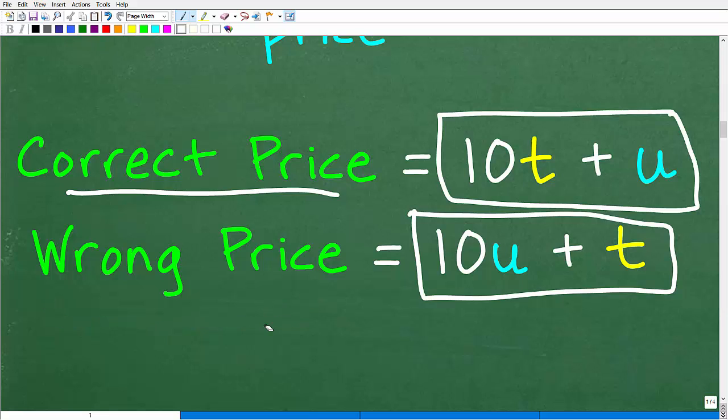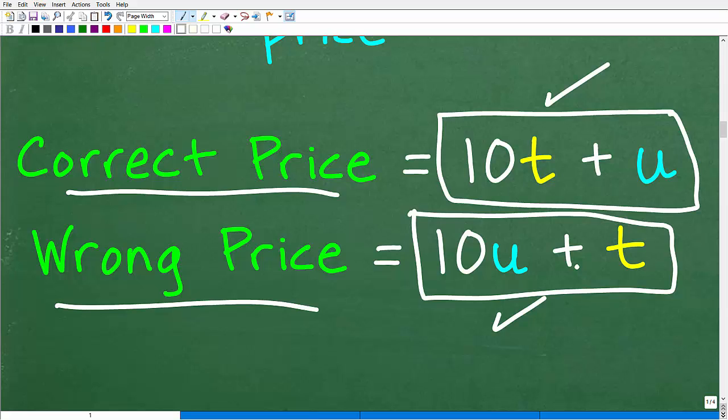So in this particular problem, what we are concerned with is the correct price and the wrong price. So we need some sort of representation of this, and now we have it. This is going to be our variable expression for the correct price, and now we have a variable expression for the wrong price. And with this in mind, we can actually build ourselves some equations.